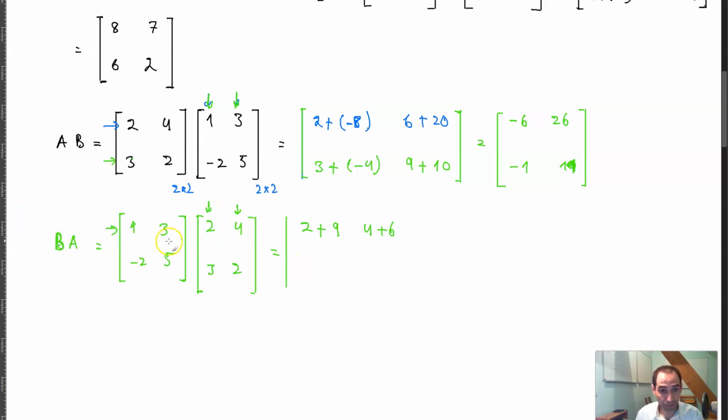Moving to this row, this column, I'll have negative 2 times 2 is equal to negative 4, plus 5 times 3 is equal to 15. And moving to this column, you have negative 2 times 4 is equal to negative 8, and 5 times 2 is equal to 10. So that is equal to 11, 10, 15 minus 4 is equal to 11, 10 minus 8 is equal to 2. So that is B times A.